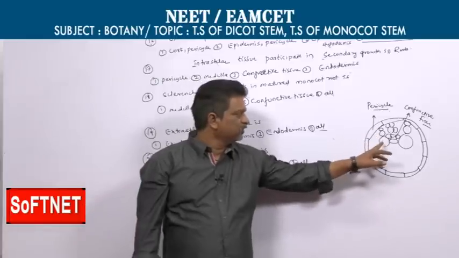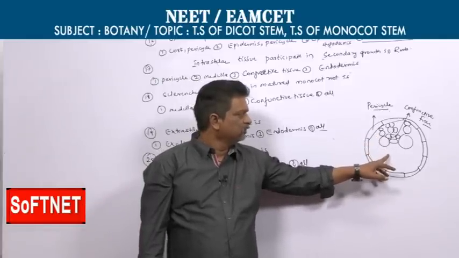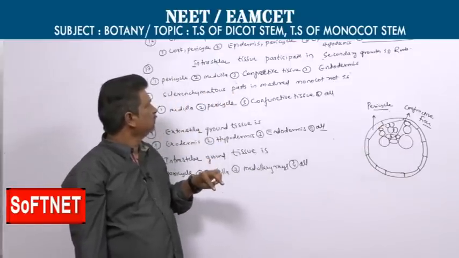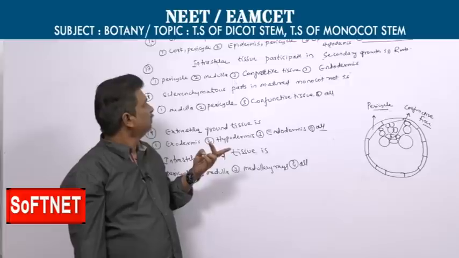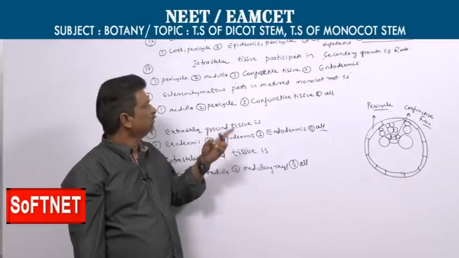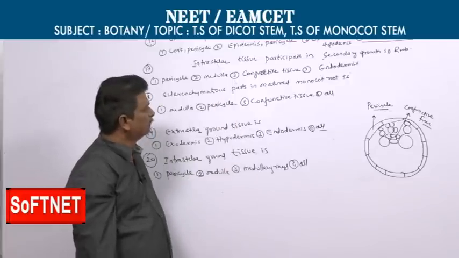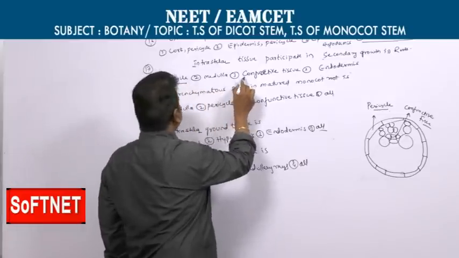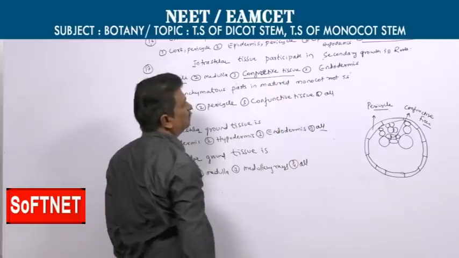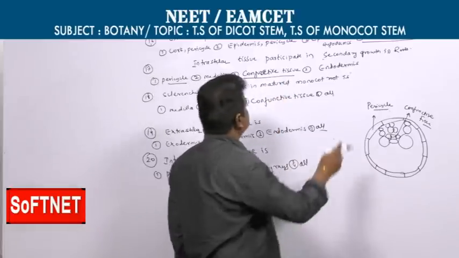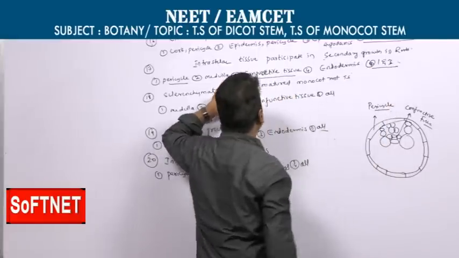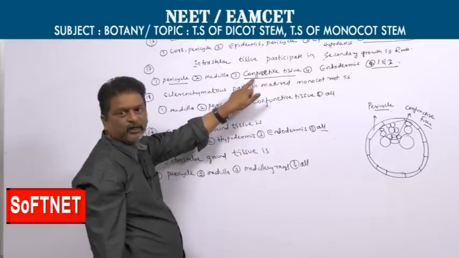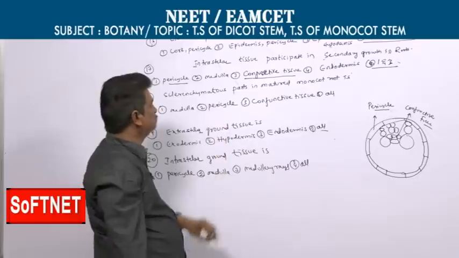So these two are present within the stele but participate in intrastellar secondary growth and also extrastellar secondary growth. So the answer for the second one is pericycle and conjunctive tissue. The answer is 4. 4 means 1 and 3: pericycle and conjunctive tissue.